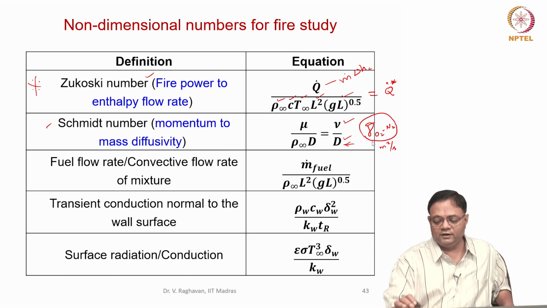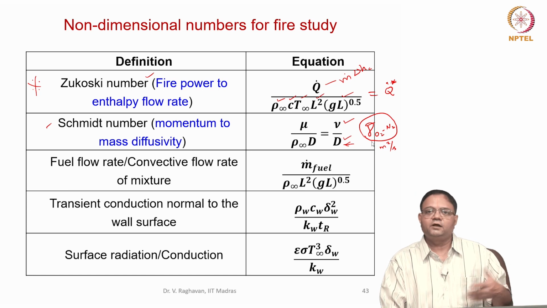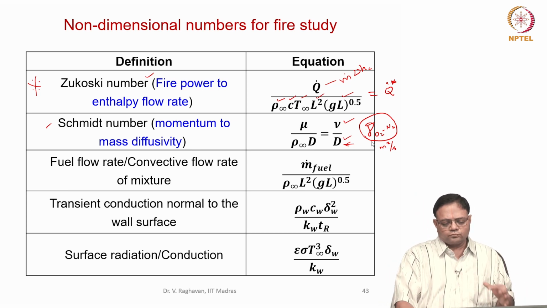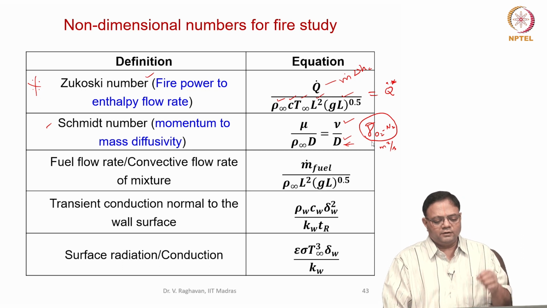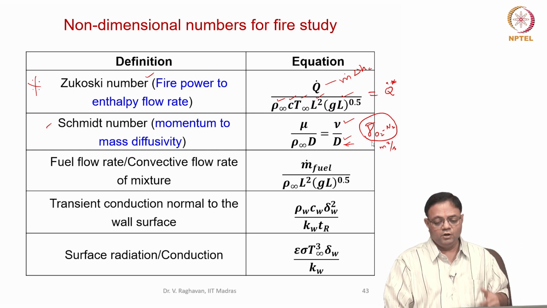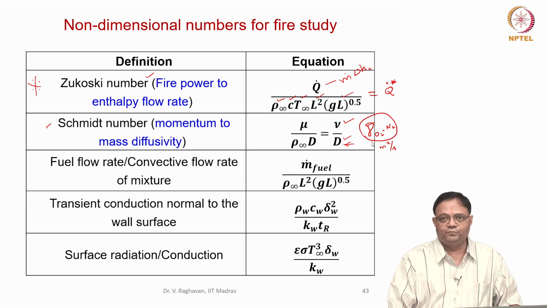So I find the diffusion coefficient of a given species into nitrogen. That will be enough for us to calculate this. So the Schmidt number is another important ratio of the coefficients of momentum and mass diffusivity, which is also used for several correlations.